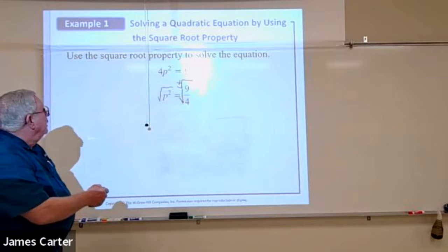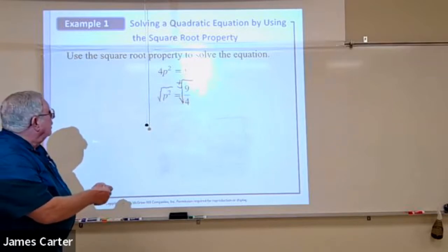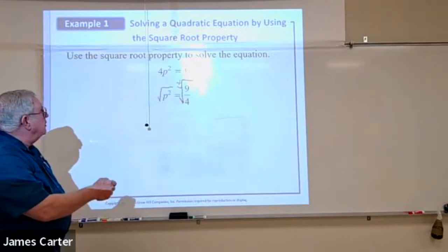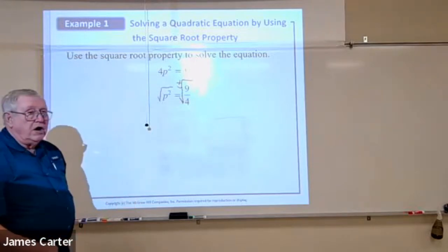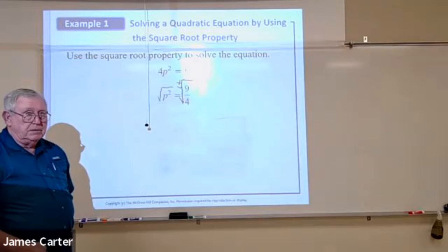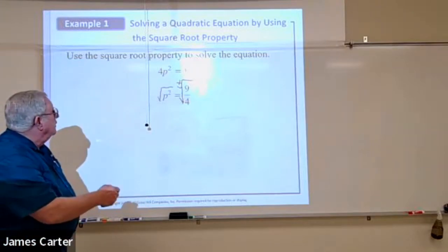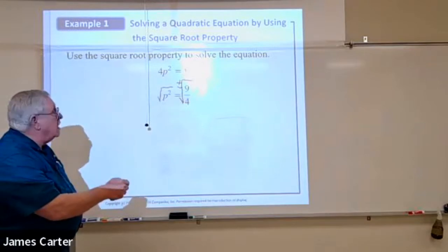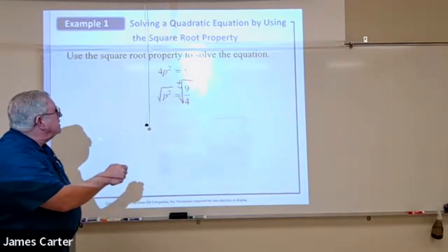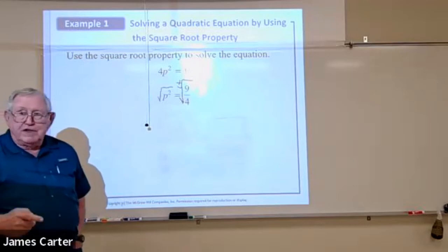Now, I've got this radical you see here, and the plus and the minus are a follow-on step. First, they did the division. Then they took the square root of both sides. Why? Because that is a square. How do you get rid of a square?